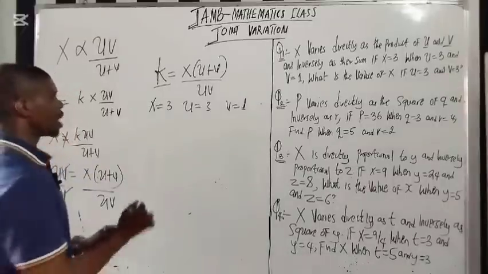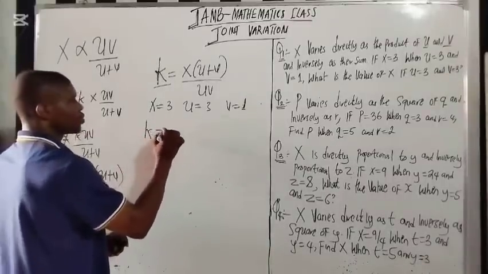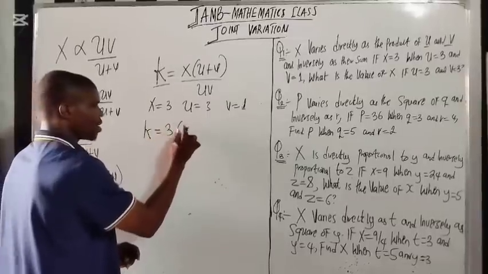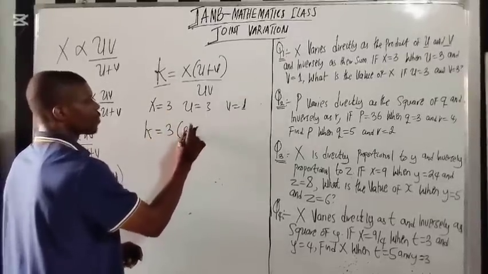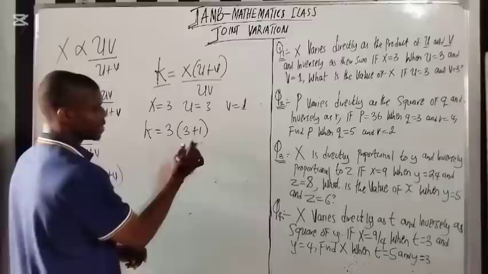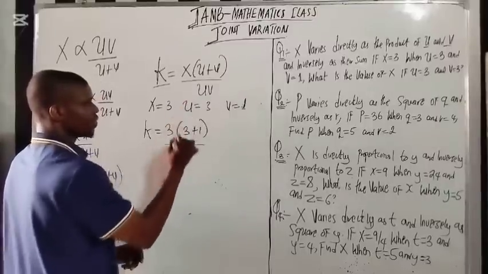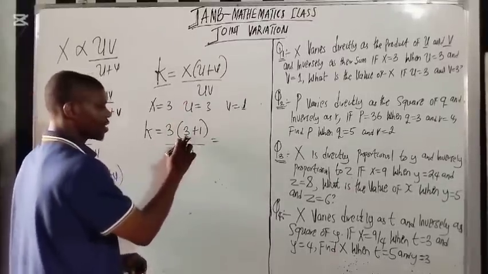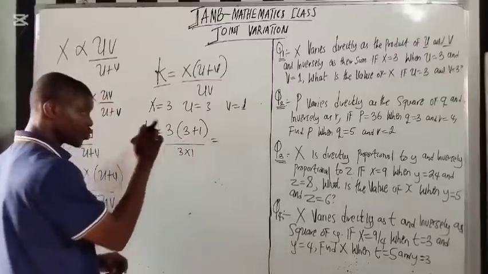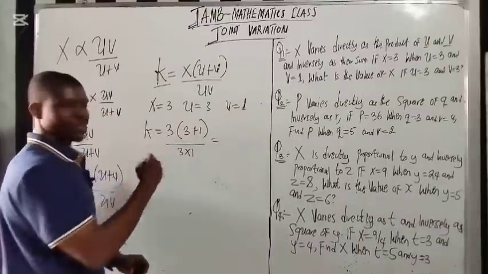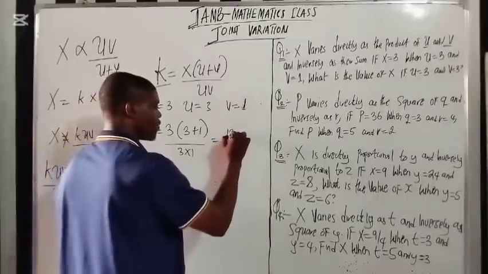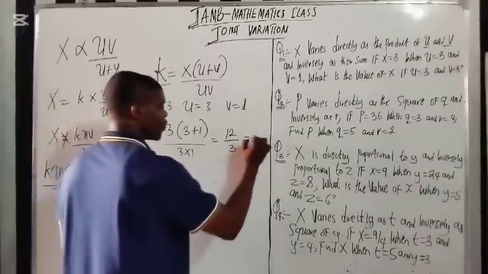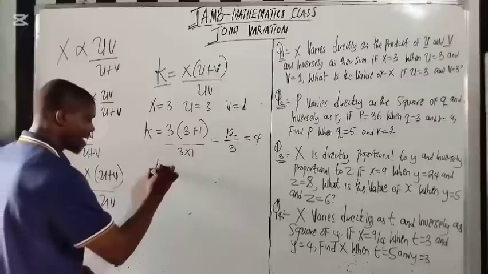So k equals my s, which is 3, times u plus v, which is 3 plus 1, over u times v, which is 3 times 1. 3 plus 1 is 4, times 3 is 12. So here we have 12 over 3. 3 going into 12 is 4. So my k here is equal to 4.